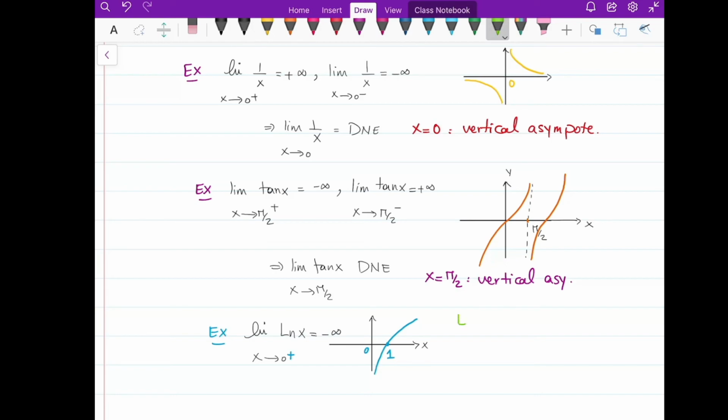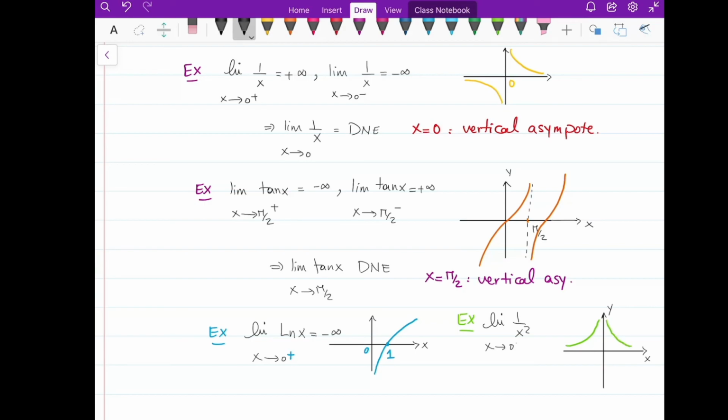Okay, the last example, the limit of 1 over x squared as x goes to 0. Okay, 1 over x squared, look at the graph, x and y. So the graph of this function is like this.